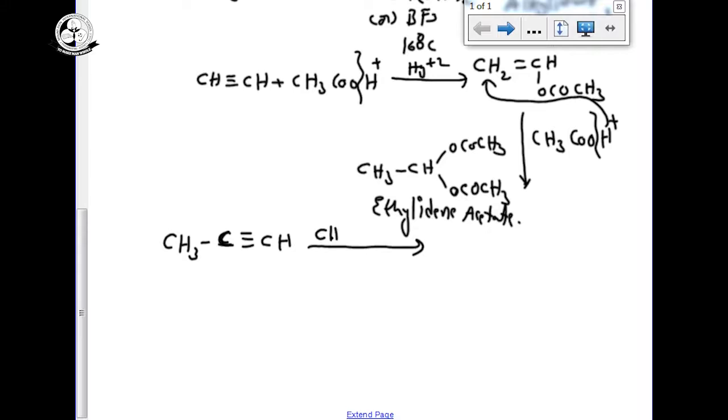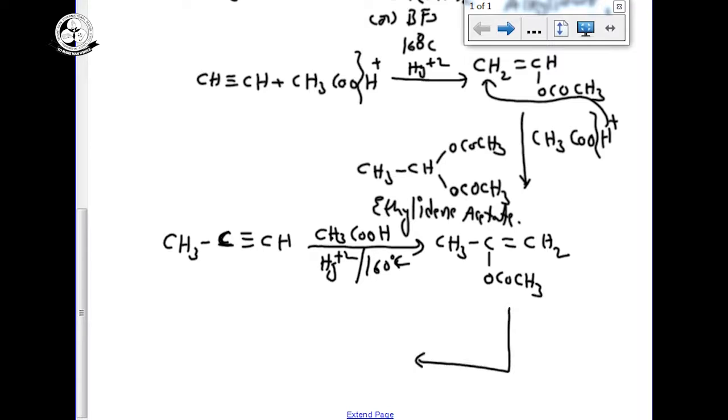Add CH3COOH, acetic acid, in presence of mercuric ion Hg2+ at 160 degrees Celsius. First I am taking CH3 C triple bond CH; hydrogen will be attached here and the remaining OCOCH3. Add one more mole of acetic acid. Same method we are following. Remaining is CH3, here OCOCH3, the double bond becomes a single bond.